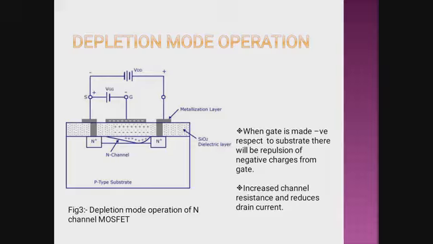So depletion means when the gate terminal is connected to the negative polarity of the battery and the source terminal will be positive, and similarly the drain terminal is positive with respect to source and substrate terminal. This kind of connection is called depletion mode connection.